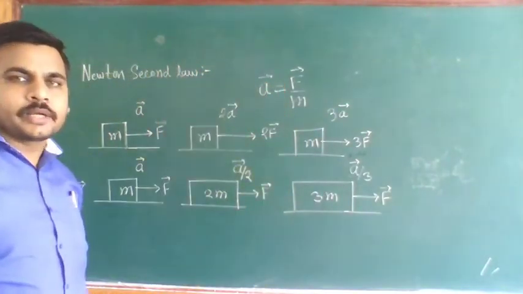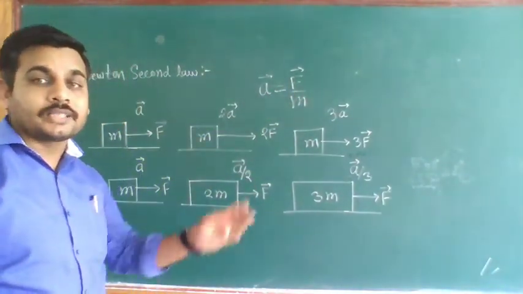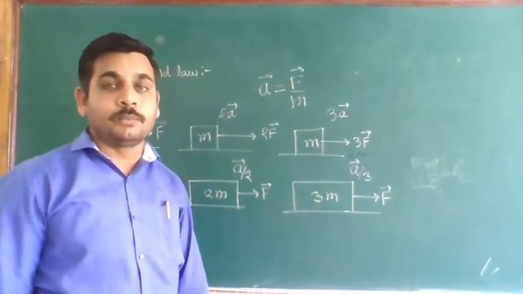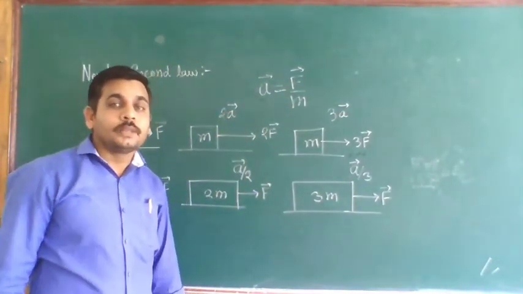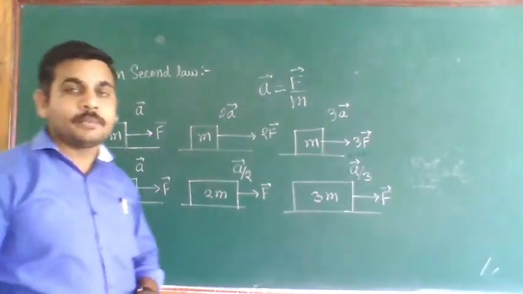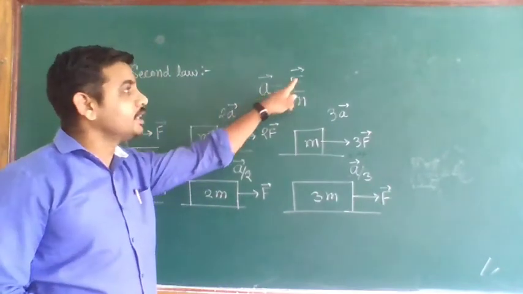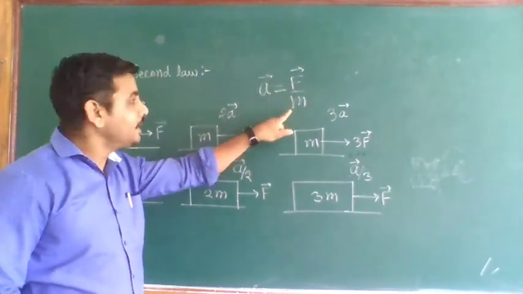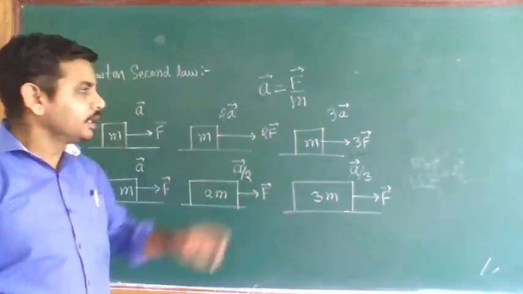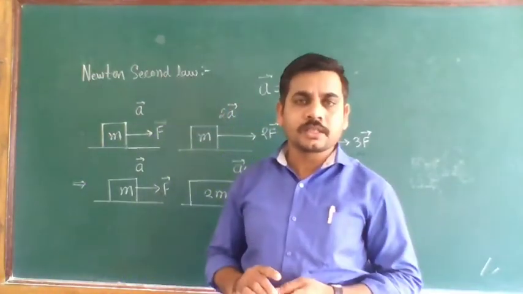From here also you get that A is directly proportional to F, the applied force, and this acceleration is inversely proportional to the mass of that body. So from both examples you get the basic relation between the acceleration, force and the mass of that body.